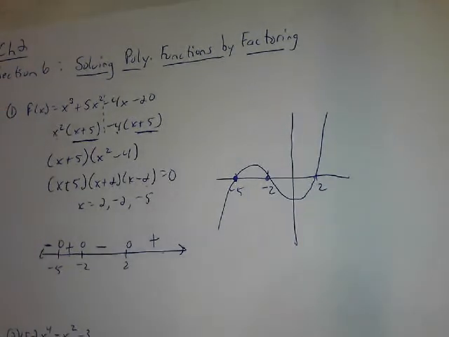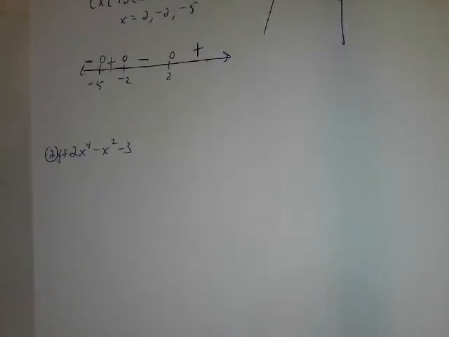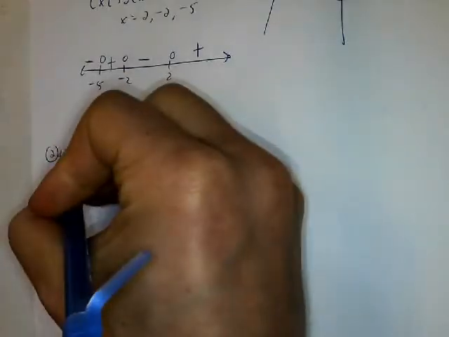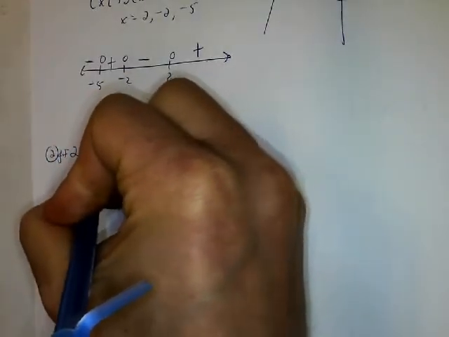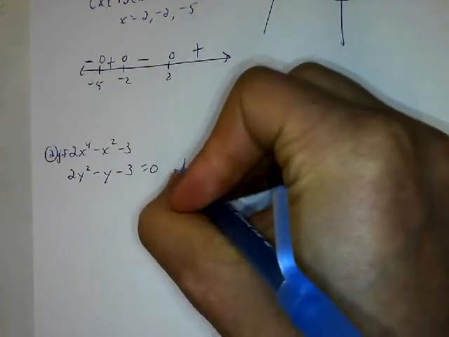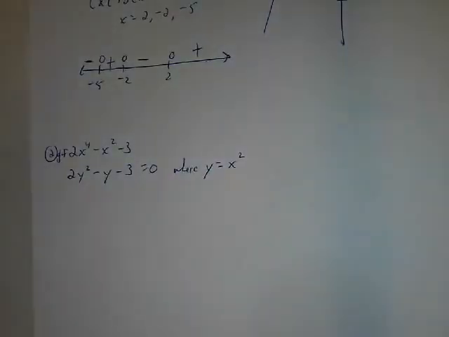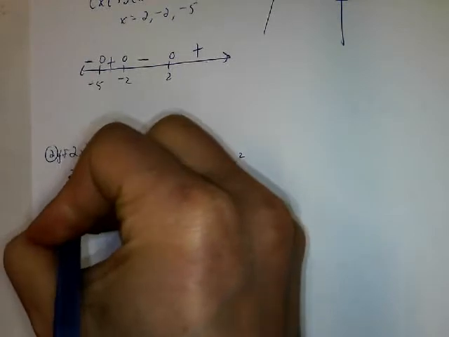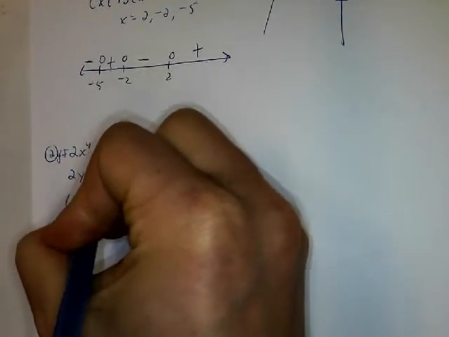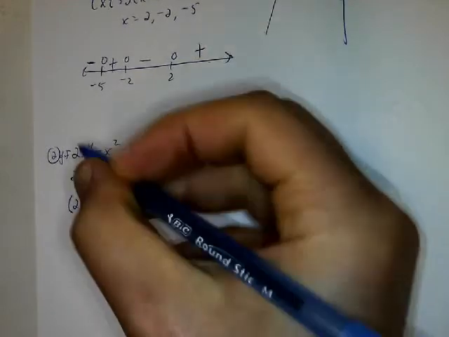The next one is more interesting to me. We have 2x to the fourth minus x squared minus 3. This here we have to treat almost like it is 2y squared minus y minus 3, where y is equal to x squared. So when we factor this, we get 2y minus 3 times y plus 1, which equals 0.